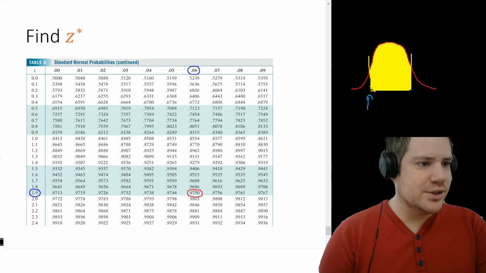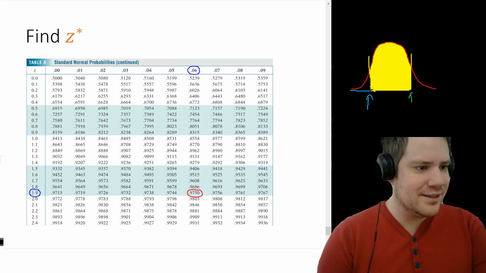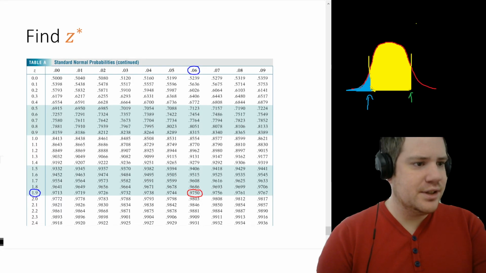I'll use different colors just for clarity. So for this blue one, the lower bound, the only thing that's lower than it is this part of the distribution. We know that we're interested in 95%, so the middle is 95%.